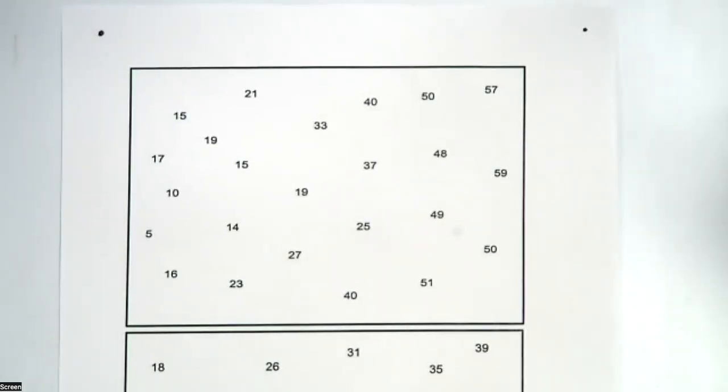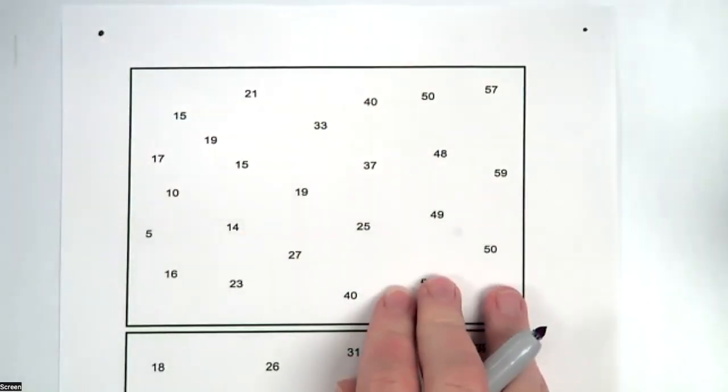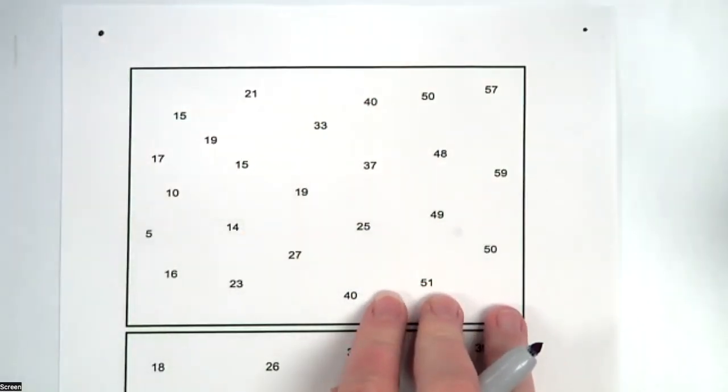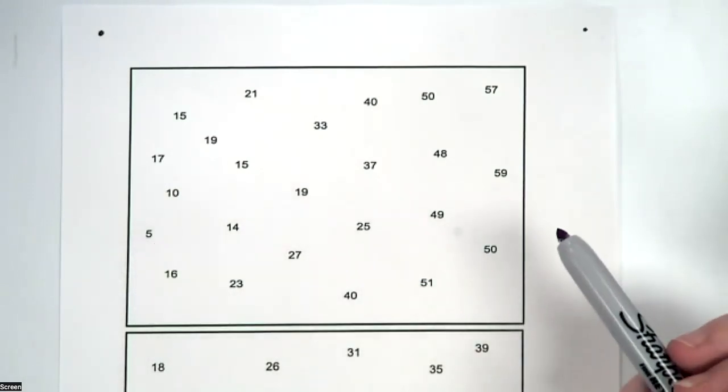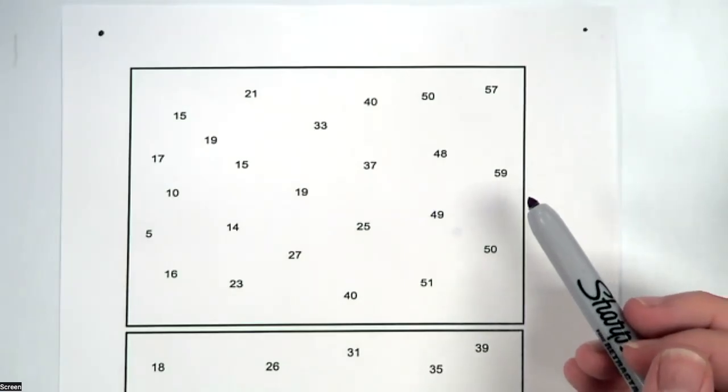So right here, I have a bunch of numbers, and this will end up making an actual contour map at the end. Now, I have not been provided a contour interval here, but I'm seeing quite a wide range. I see my lowest value is 5, and my largest seems to be 59.